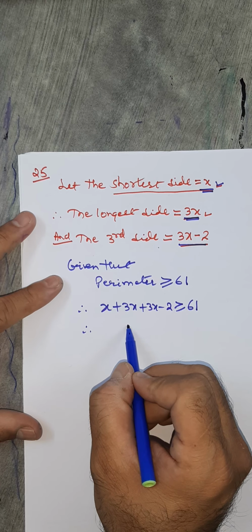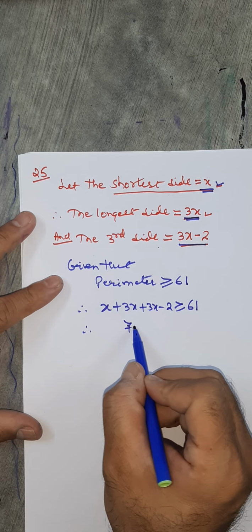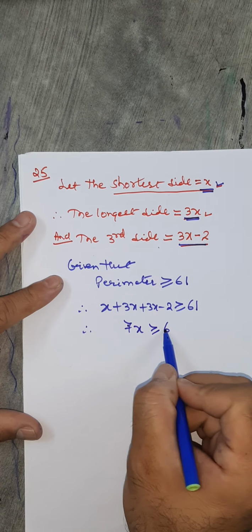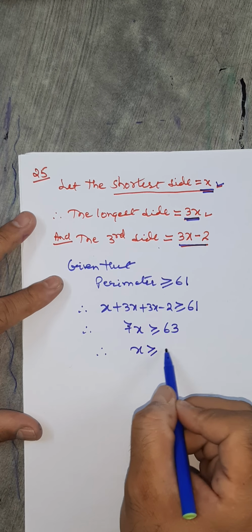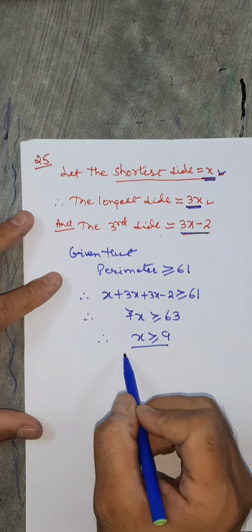So you have, this is nothing but 7x, take 2 on the other side, so 63. Dividing by 7, it is positive, so inequality remains same. What's the meaning of this?